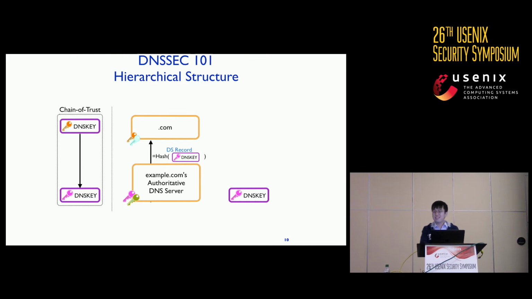This process needs a separate channel, so I generate the DS record, go to the registrar website and upload it, or just send it by email. Then if a resolver wants to verify the DNS key, it simply fetches the DS record from the parent zone and compares it with the hash of the DNS key. Of course, this DS record is signed by the parent's DNS key. This process is exactly the same between .com and the root zone.